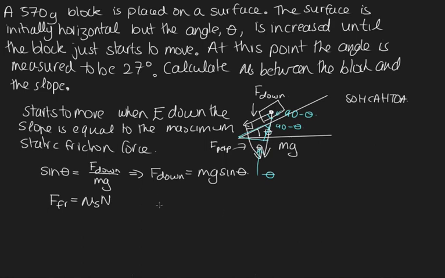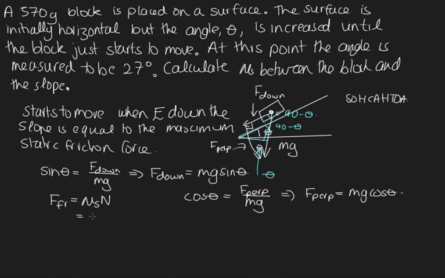So we can work out the force perpendicular to the slope, and the normal force will have the same magnitude as this force. To do that, this is adjacent to this angle theta, so we can use cos theta is equal to adjacent, which is the perpendicular one, over the hypotenuse, which is mg. So F perpendicular is equal to mg cos theta.